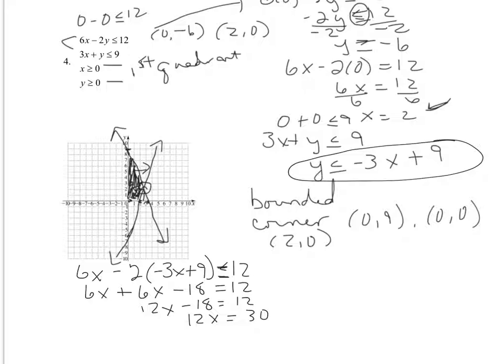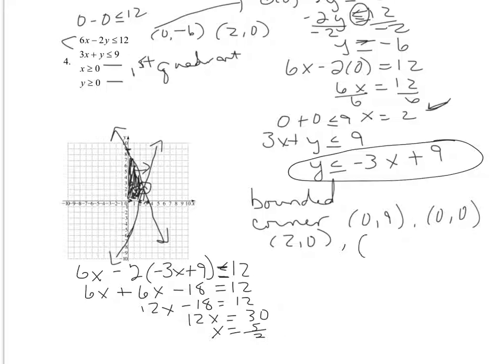And I'm going to come up with x equals, if I take 30 and divide it by 12, that's going to end up being 5 over 2, because I can take 6 and divide it into 30 and get 5. 6 divided into 12 gives me 2.